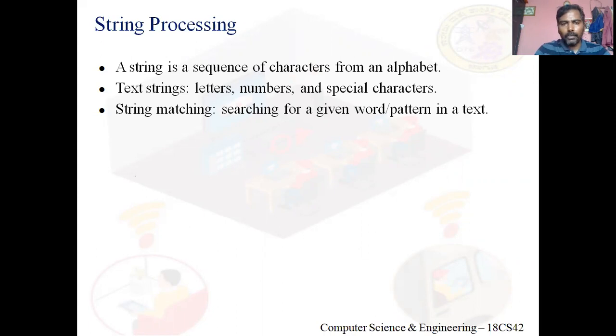So you're given a word engineering, ENGINEERING. In this word, you need to search whether some pattern NEER exists or not. If it exists, you conclude success. If it doesn't exist, you conclude unsuccess.